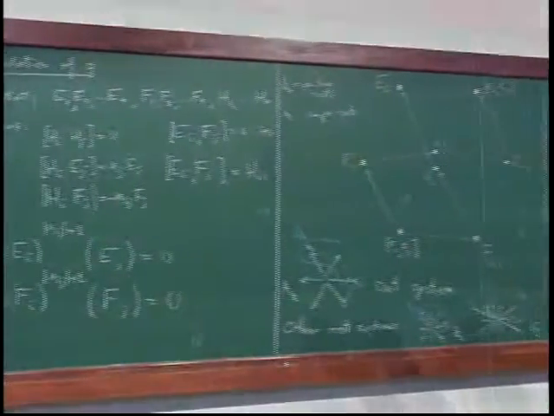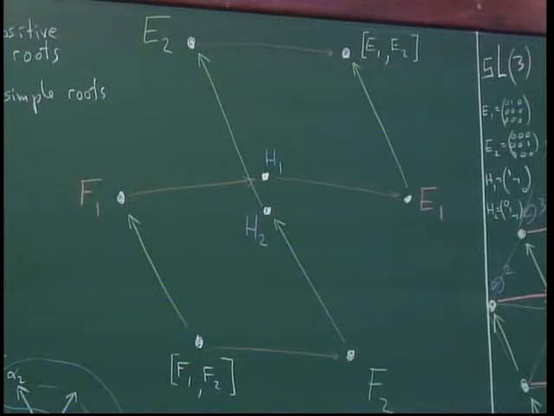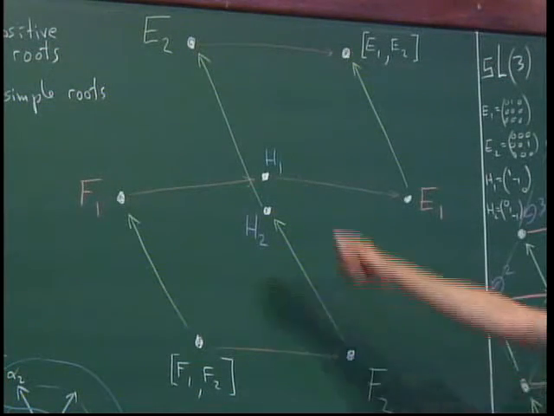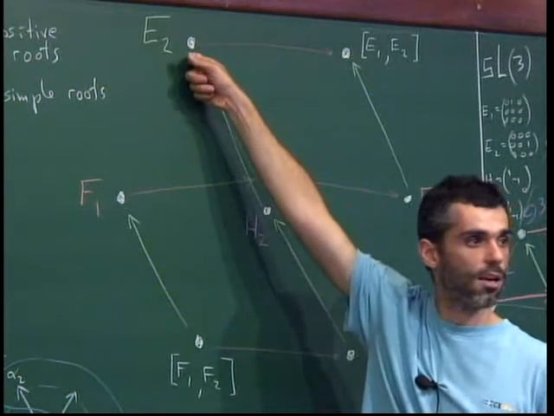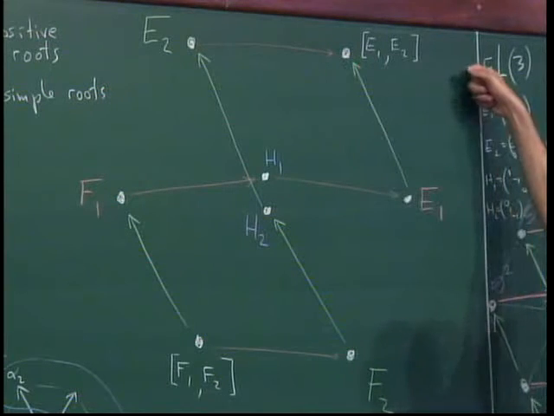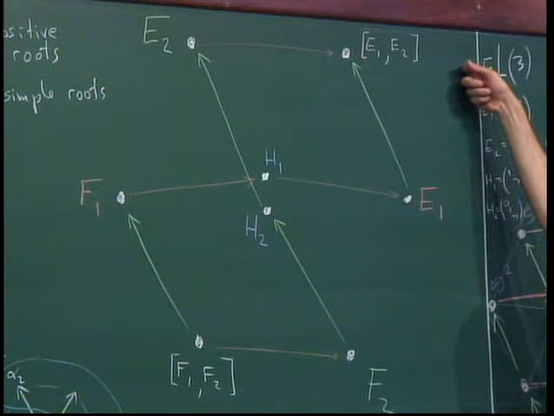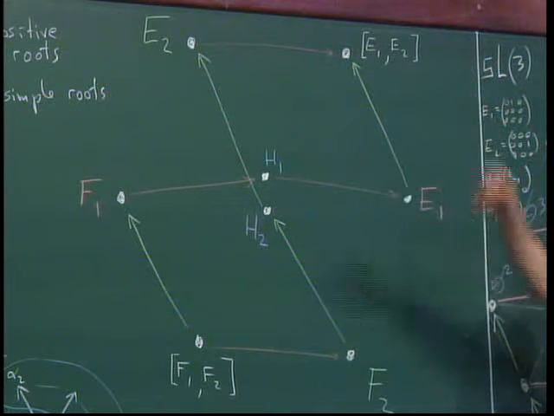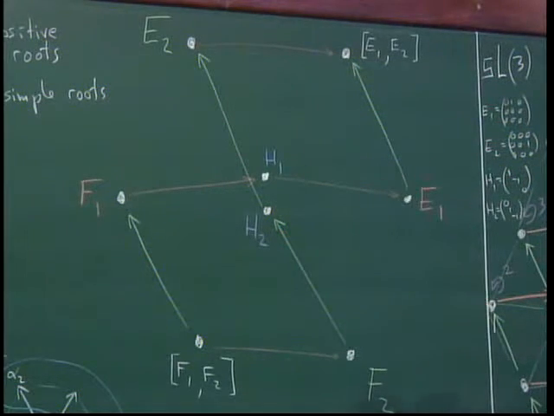Well, what is that operation? It's the operation of acting by E1. So I start with E2, and I act with E1. I'm here, and I act twice. I land out there, and that's 0. So that's what it's saying. You're falling outside of this root system.